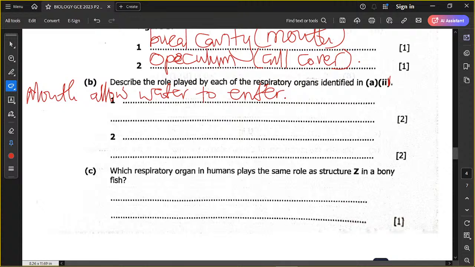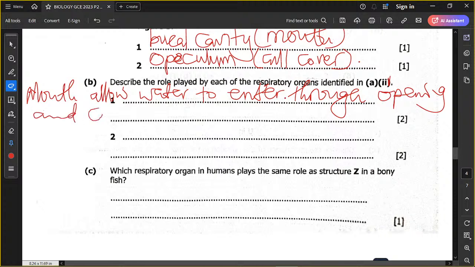And then when it closes, it traps the water in the mouth. So you can say the mouth allows water to enter through opening and closing. So that is the activity: opening and closing. That way water will enter the fish's mouth.